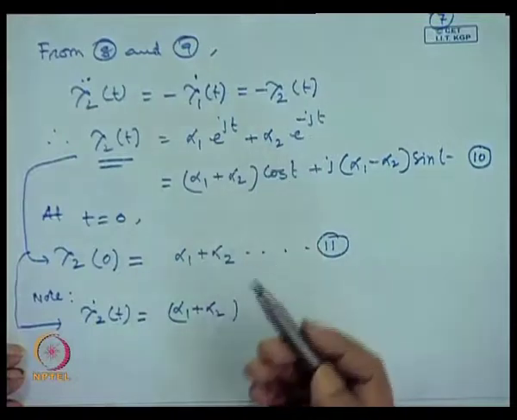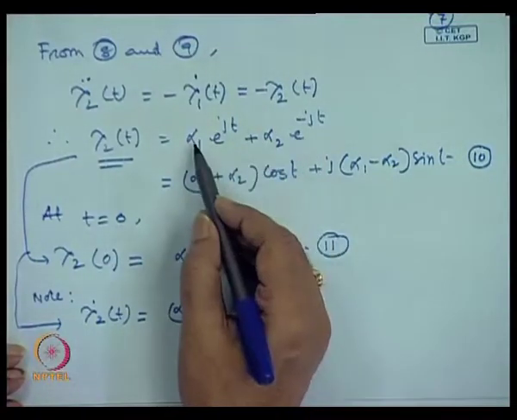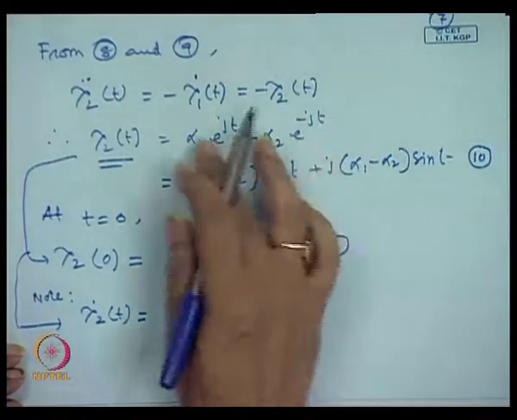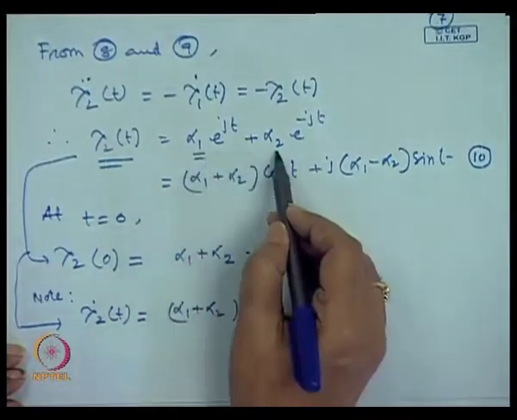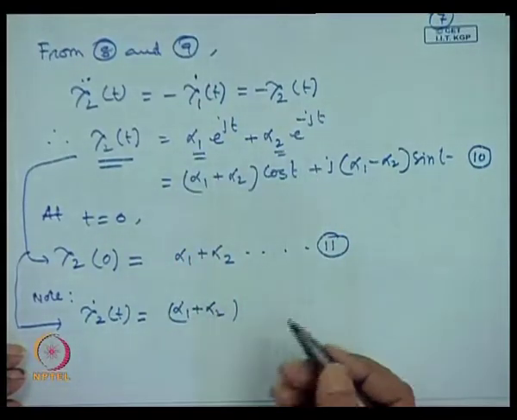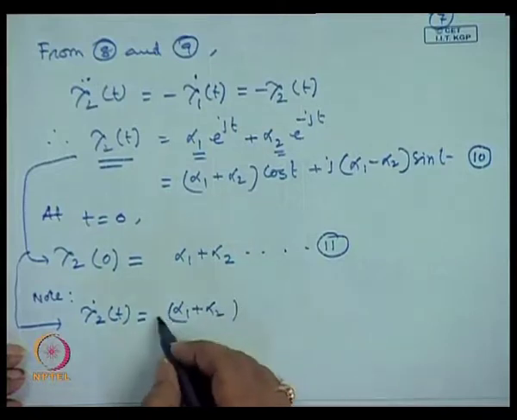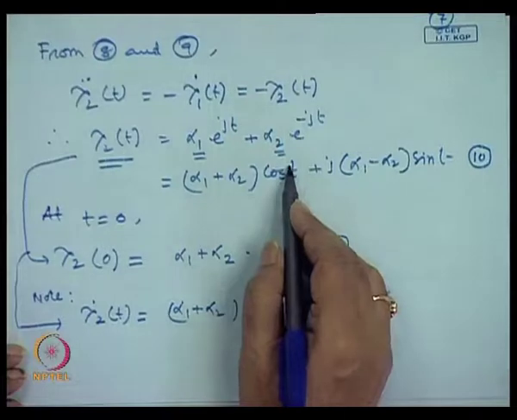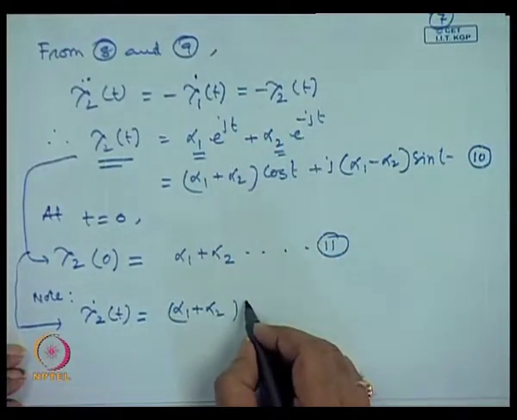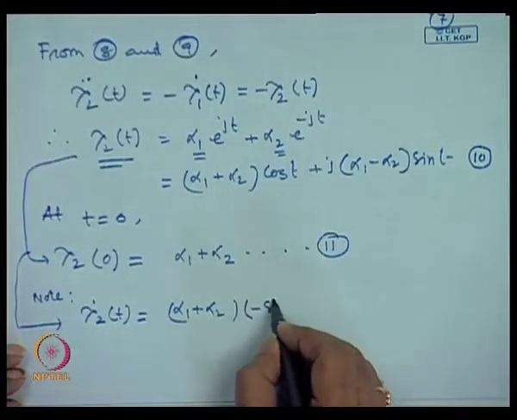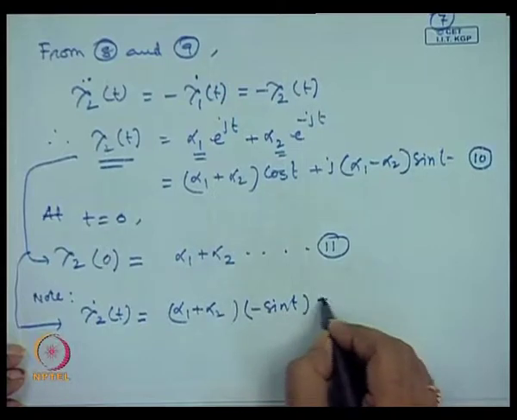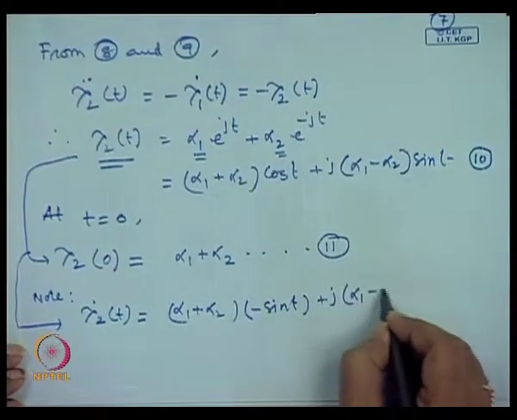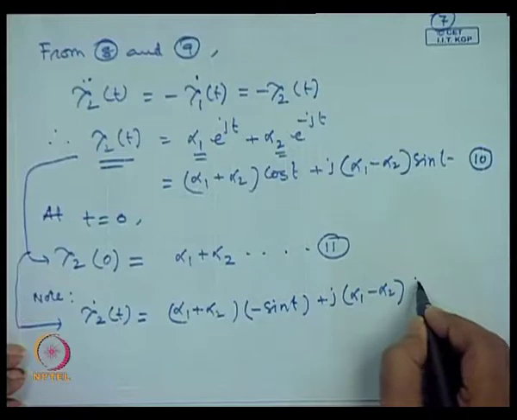If you solve it, you will get the roots; they are real constant numbers, maybe complex also. So, lambda2 dot is equal to alpha1 plus alpha2 times the differentiation of cos t, which is minus sin t, plus j alpha1 minus alpha2 cos t.